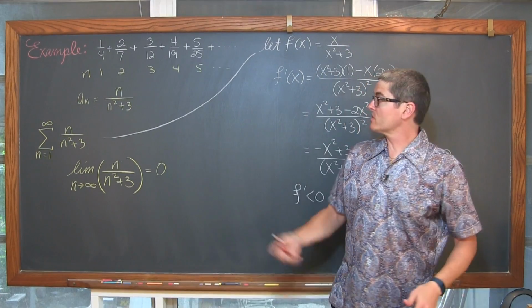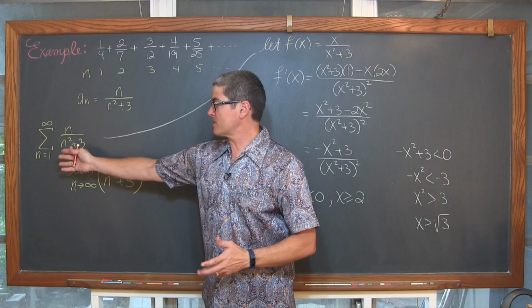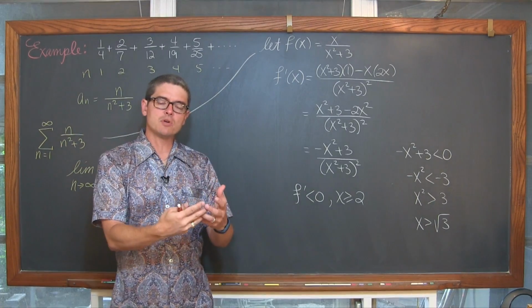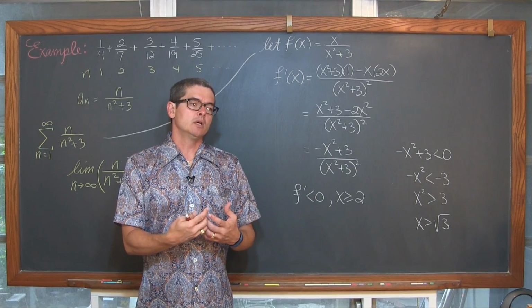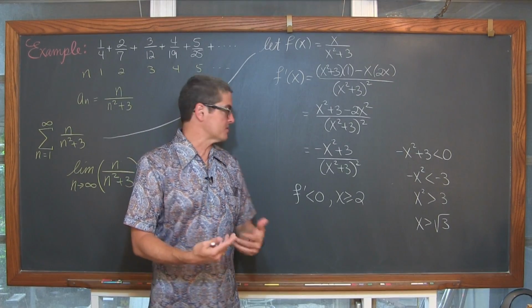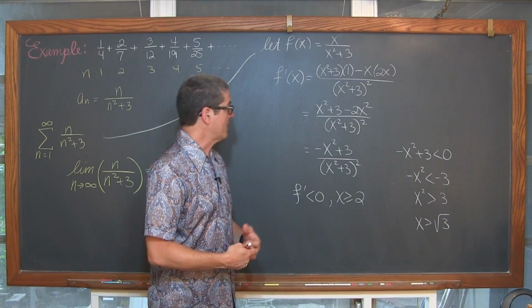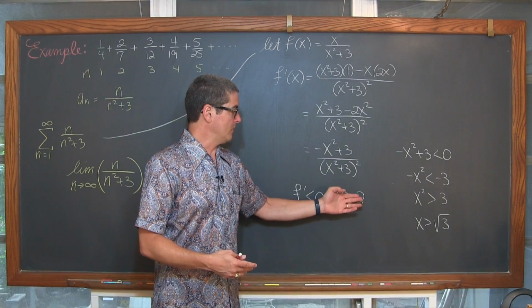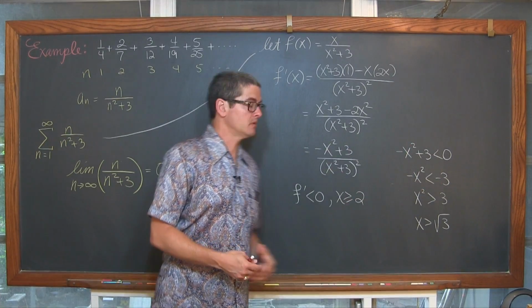Now, this original series, we're trying to determine if this diverges, where n starts at 1. But the first few terms in a series do not determine or influence whether or not a series converges or diverges. So it's not an issue that we have a first derivative that's negative once you get to 2 and beyond.